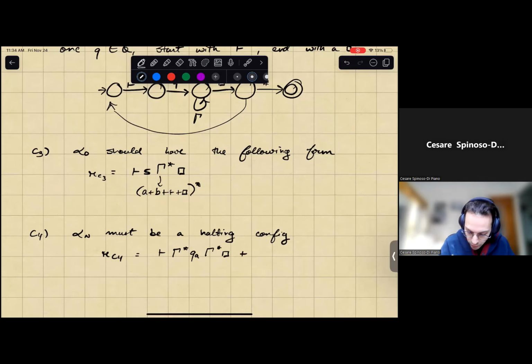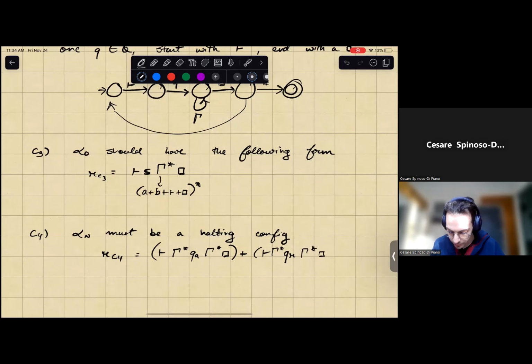Or, so this is an or, the dash, some string over gamma, the reject state, not some reject state, there's only one, then gamma star again, then a blank.